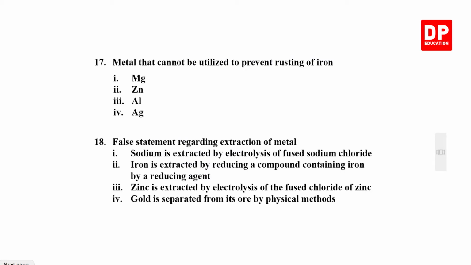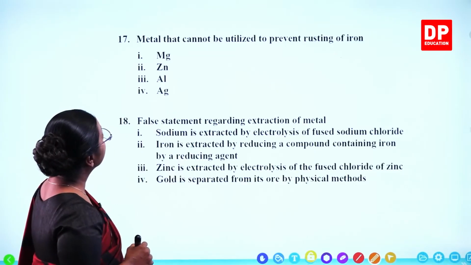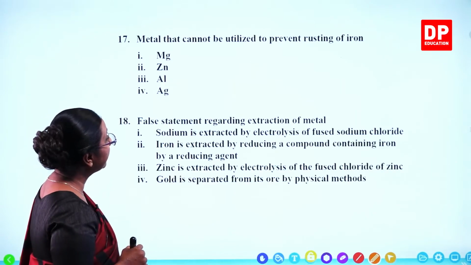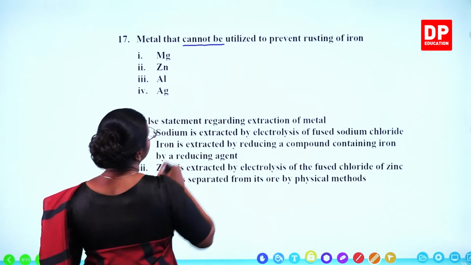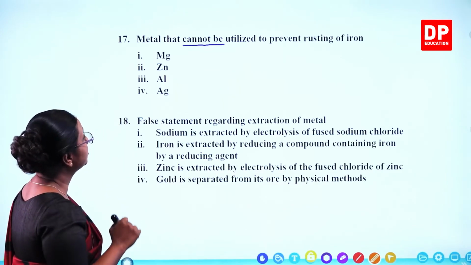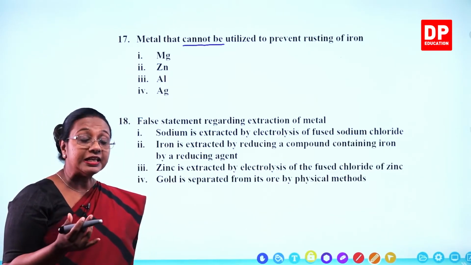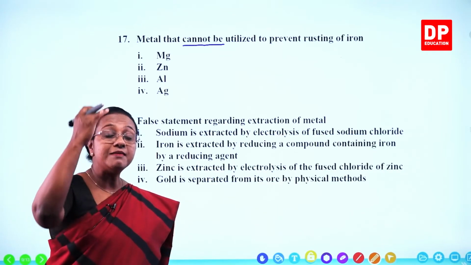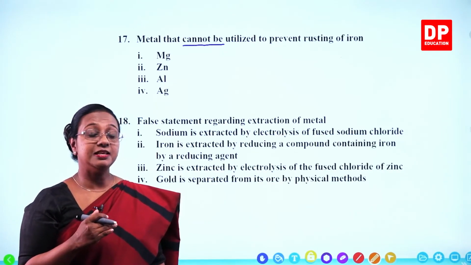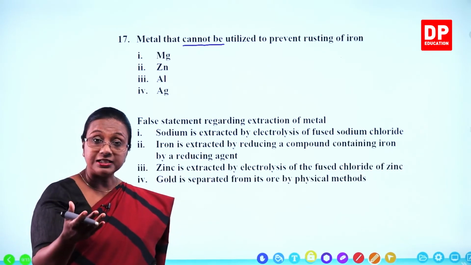Question number 17. Metal that cannot be utilized to prevent rusting of iron. Look at the question. Cannot be utilized to prevent rusting of iron. So again, if you recall, the elements that are above iron in the activity series, they are more reactive.